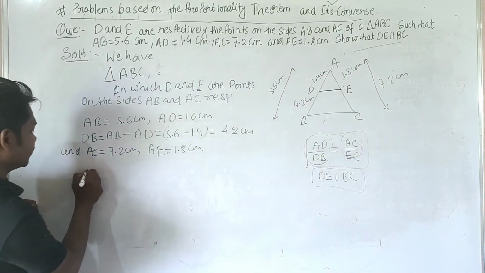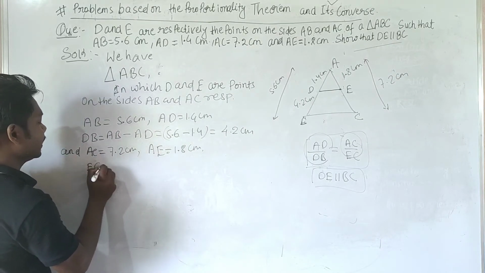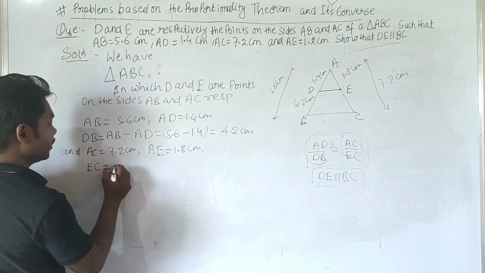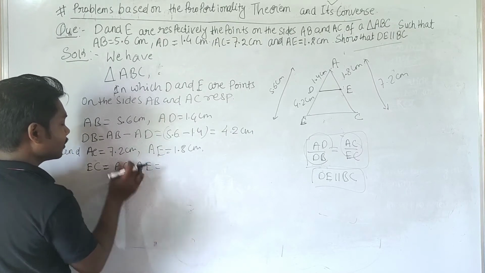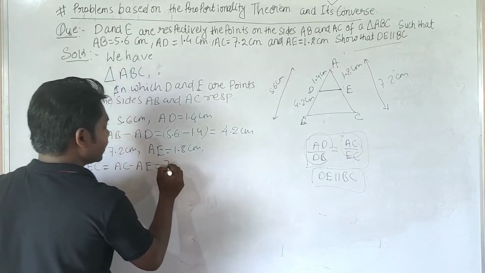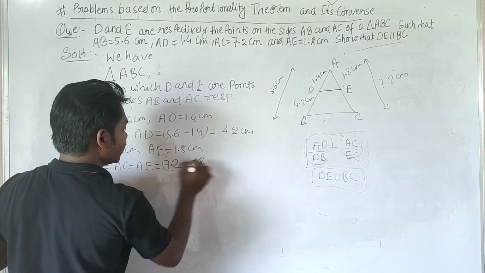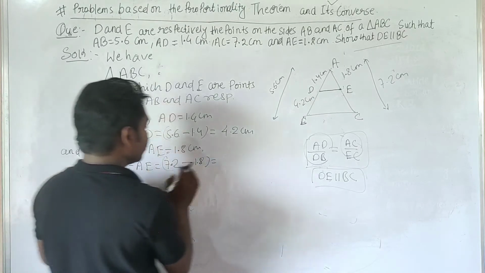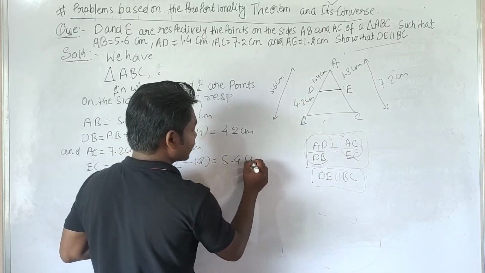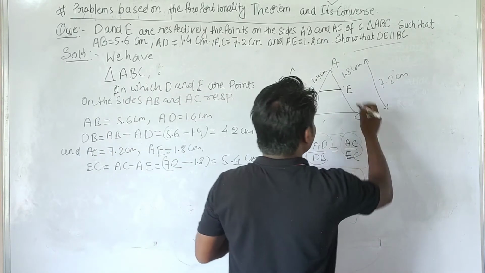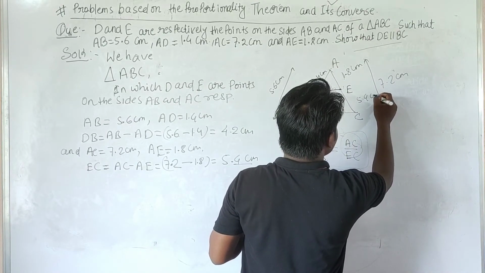So EC is equal to AC minus AE. AC is 7.2 minus AE is 1.8. On subtracting, 12 minus 8 is 4, and 6 minus 1 is 5, so it becomes 5.4 centimeter. So we got DB as well as EC, which is 5.4 centimeter.